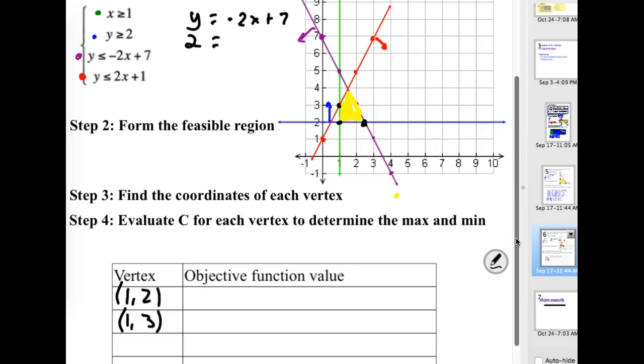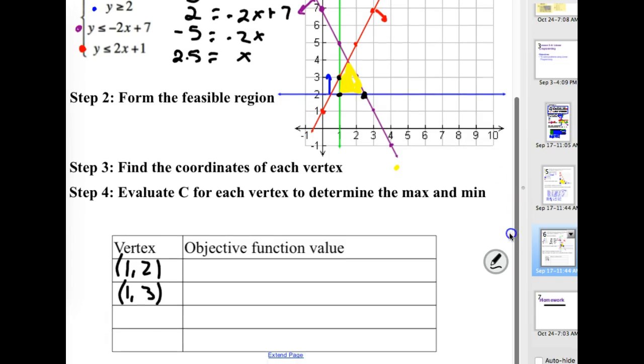Because the blue line's at 2. Subtracting 7 gets me -5. And then dividing gets me what? 2.5? Okay, so I know that that point is 2.5 and 2.